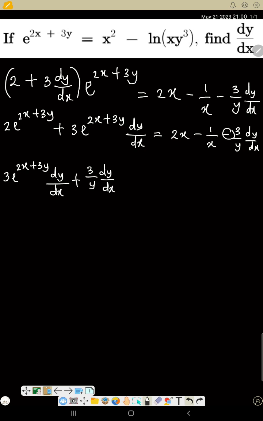You know it's minus here, so by the time you take it to this side, it will become plus. So it will be equal to 2s minus 1 over s. So take this one also to the other side, so that will be minus 2e raised to power 2s plus 3y.